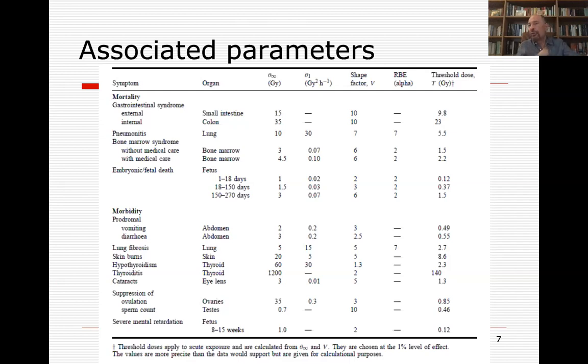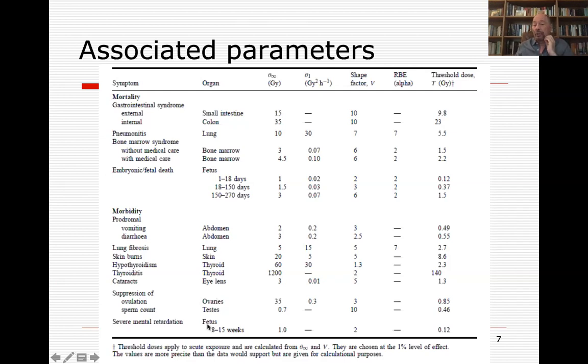This is almost true, but not quite true, because at 1% in Chernobyl, where you had exposure of thousands of people to doses below 1 gray, you saw a lot of cataracts, of course, because if you expose thousands of people at 1%, you have 10, 20 cases of cataracts easily.